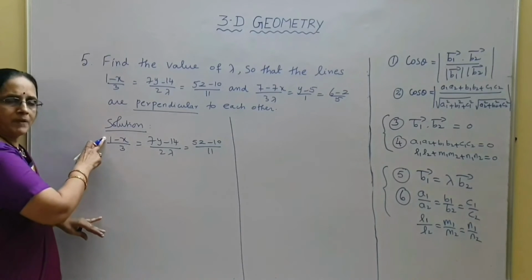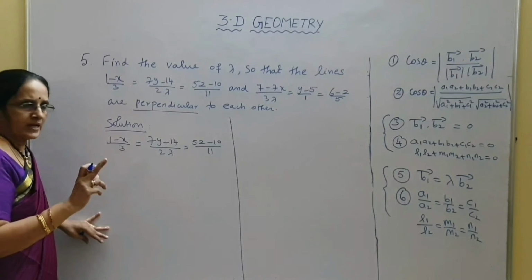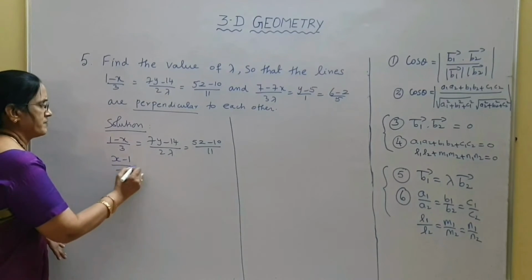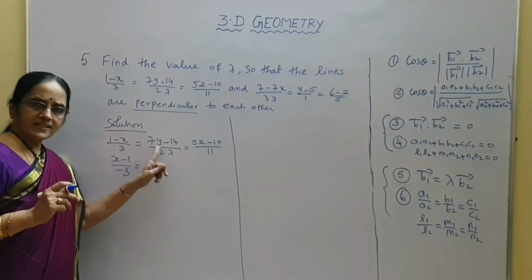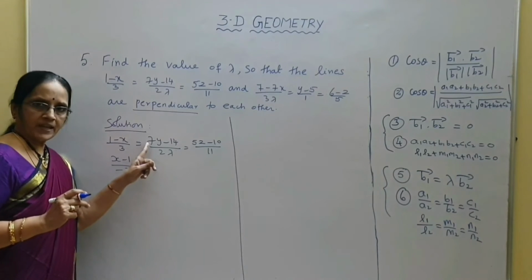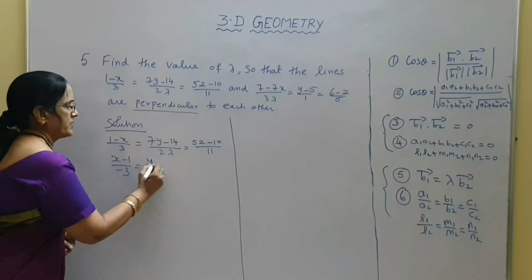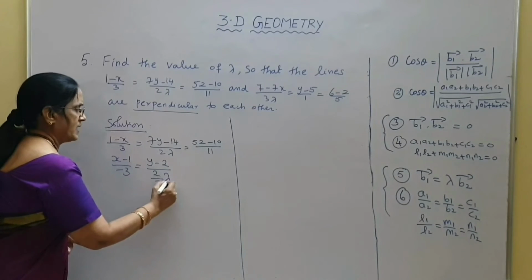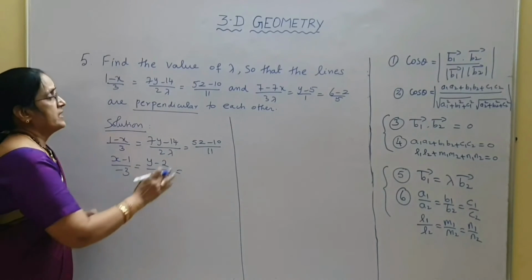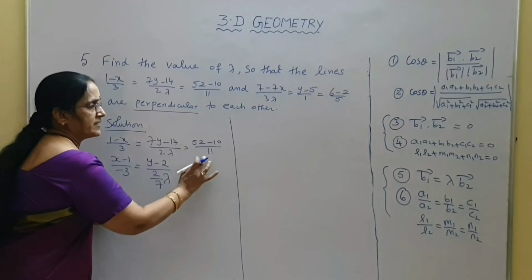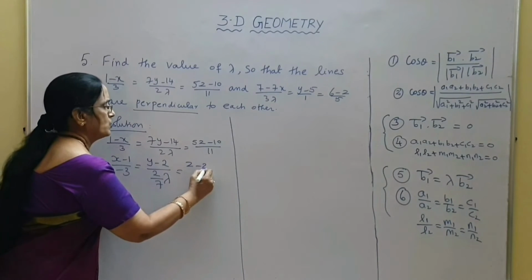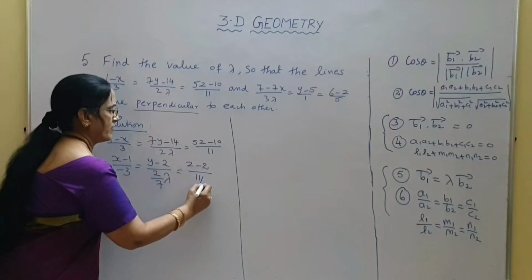Here I can multiply the numerator and denominator by minus 1. So I will be getting x minus 1 by minus 3. Here I can divide the numerator and denominator by 7. So I will be getting y minus 2 by 2 by 7 lambda. You have to be careful. Here I can divide the numerator and denominator by 5. So I will be getting z minus 2 by 11 by 5.